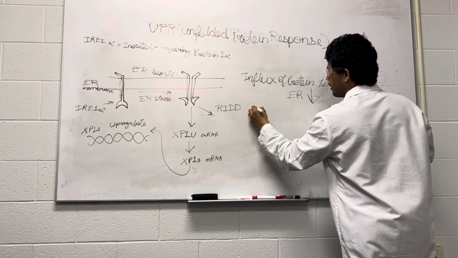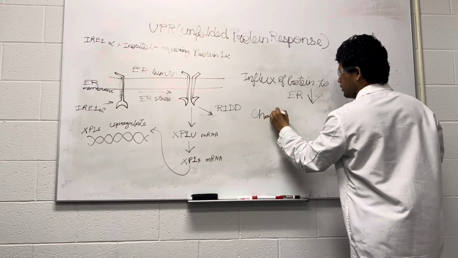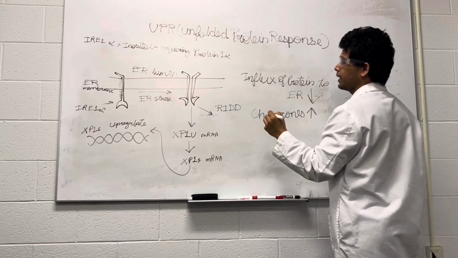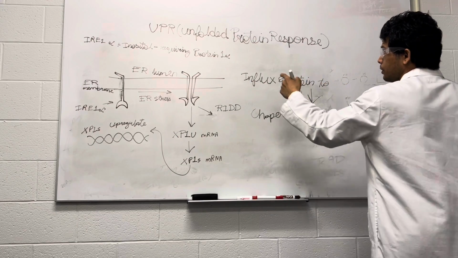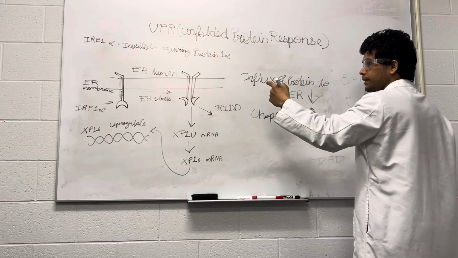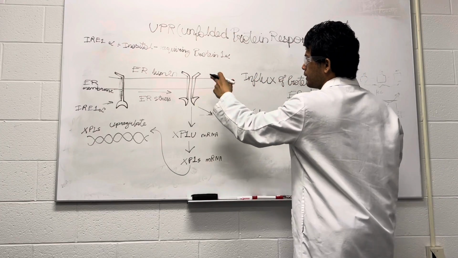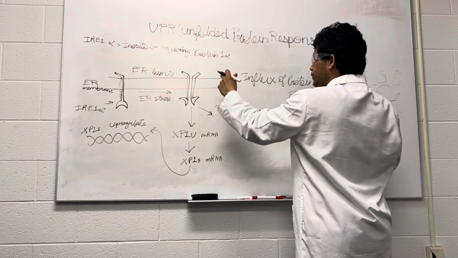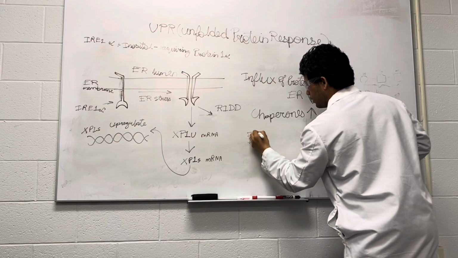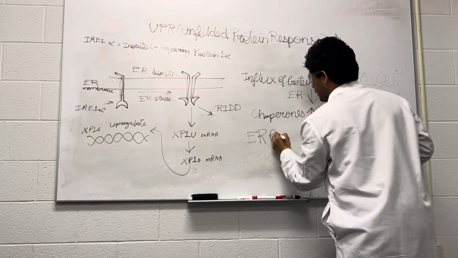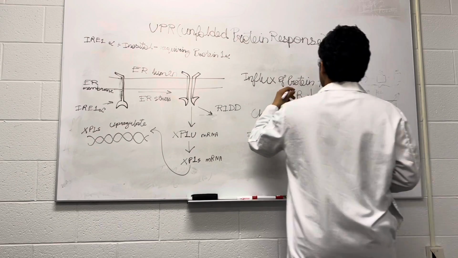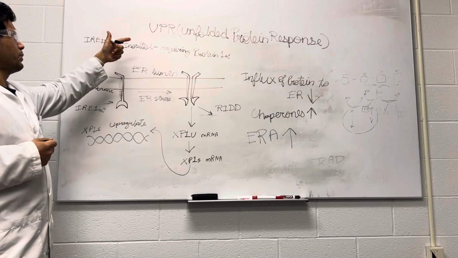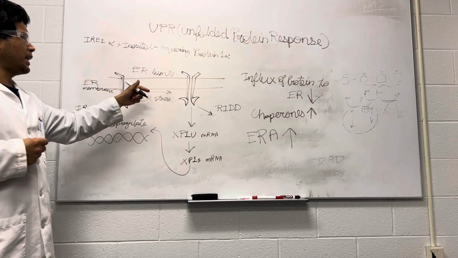So the chaperones should increase, and at the same time it should also increase the rate of protein degradation from the ER. That is called the ERAD mechanism. So in these three ways, cells will behave in order to reduce the ER stress.